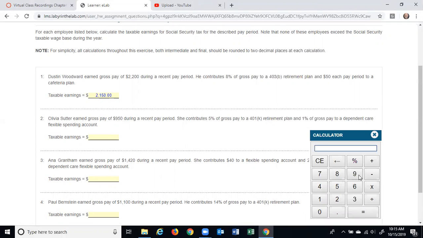So 1% of that gross, $950 times, now we can go 1% and then subtract it, or we could go 0.99 and find out the amount that is taxable, and that's $940.50. And yes, the cents do matter.